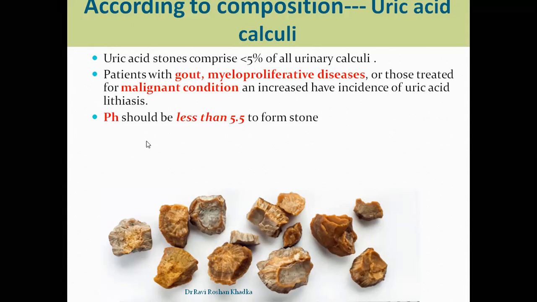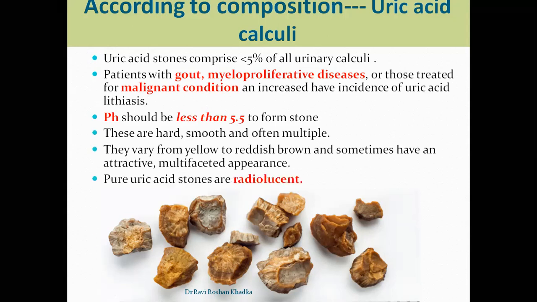Remember that. And one more important thing is this stone is actually radiolucent. That is, this cannot be seen by plain X-ray KUB. So how to see it? I'll tell you later on. So uric acid stone is a radiolucent stone. Remember that.